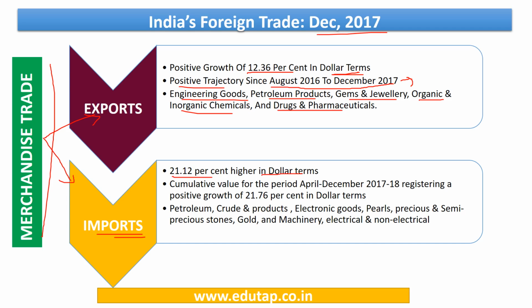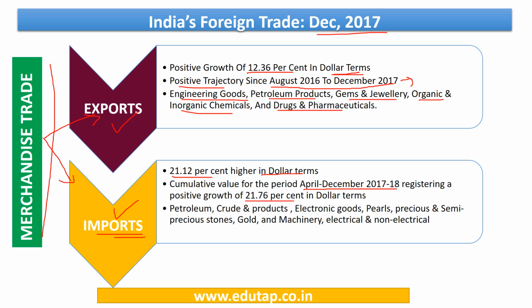terms, and the cumulative growth for the period of April to December 2017 was positive, about 21.7% in dollar terms. So though there has been an increase in exports, there has still been an increase in imports, and you can clearly see that the increase in imports is more than in exports.